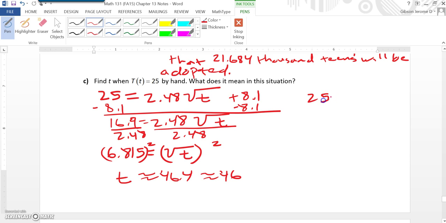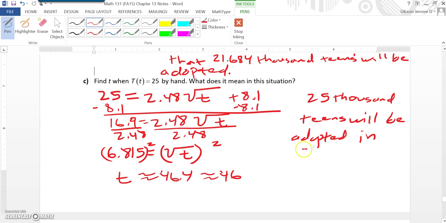So it'll be 25,000 teens will be adopted in 2044. Because remember, this is since 1998.